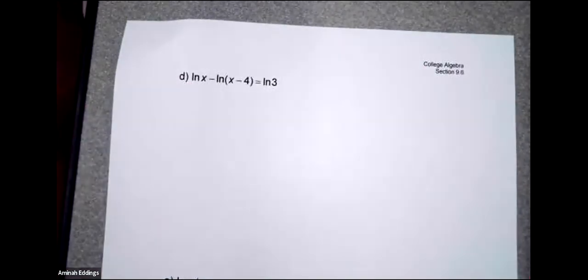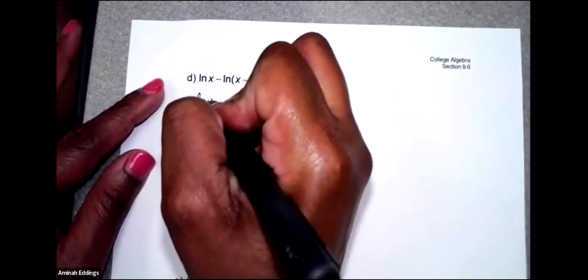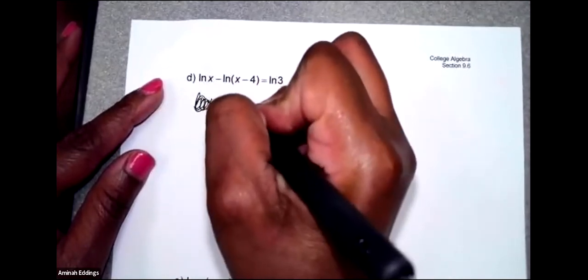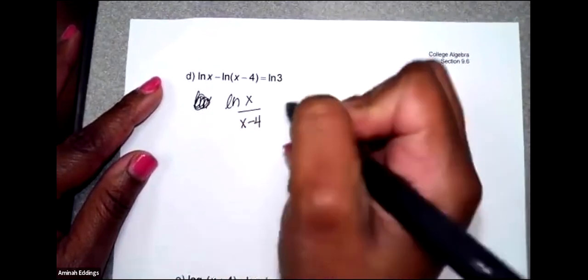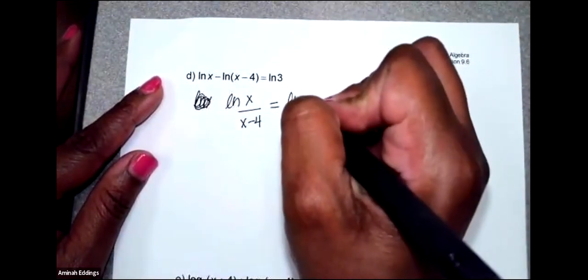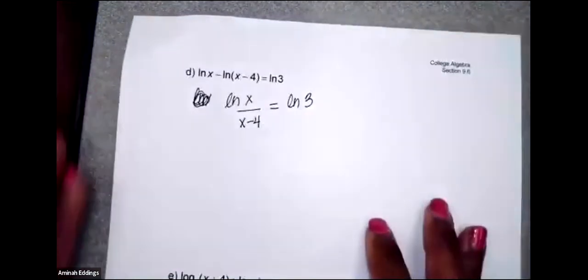So that means we can combine them using what? Division. What did you say? Division. This is our quotient rule. So we can rewrite this as the natural log of x over x minus 4 is equal to the natural log of 3.